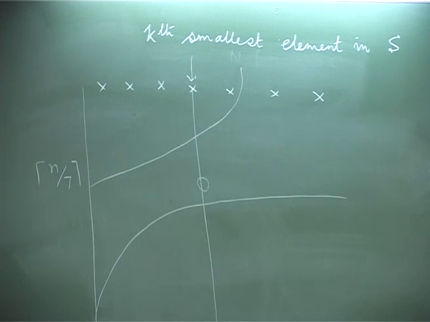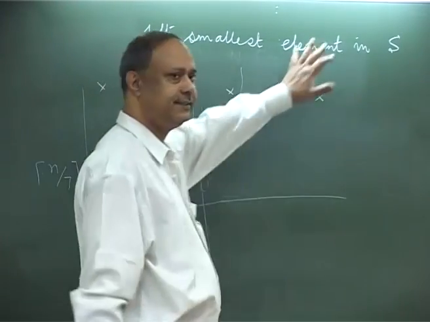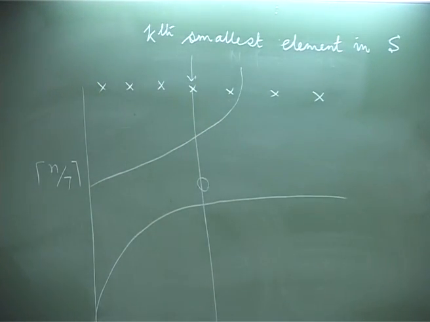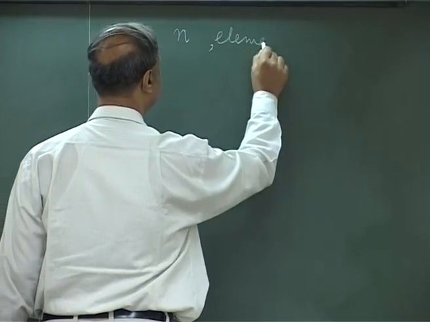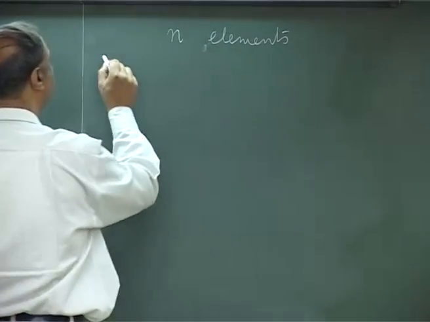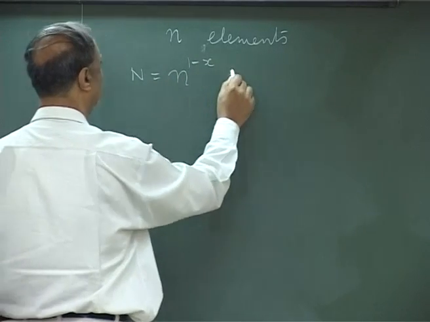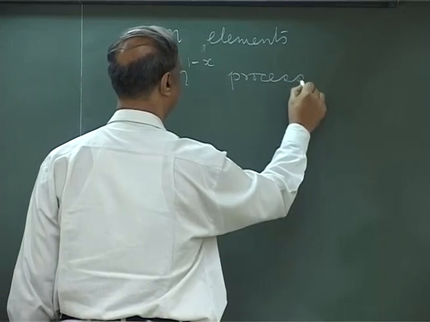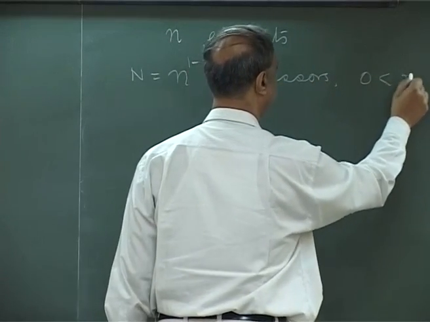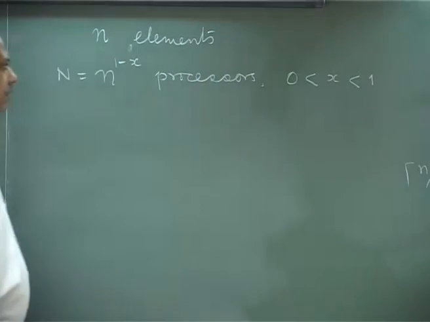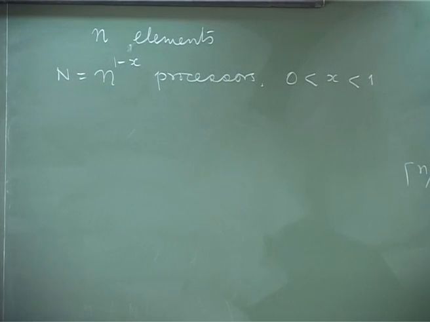So the same idea can be used for finding the kth element in S. Here we are assuming n elements, and the number of processors can be expressed in the form of n to the power 1 minus x. x is lying between 0 and 1.